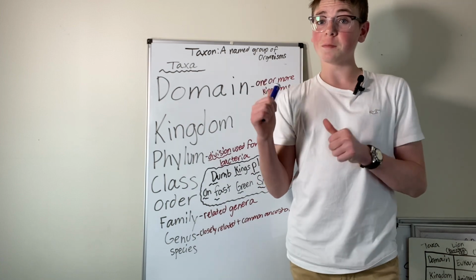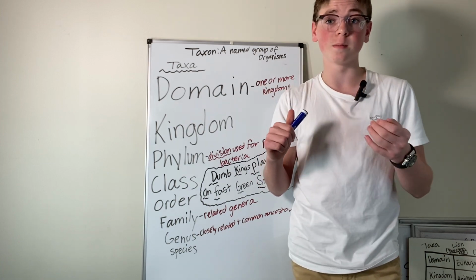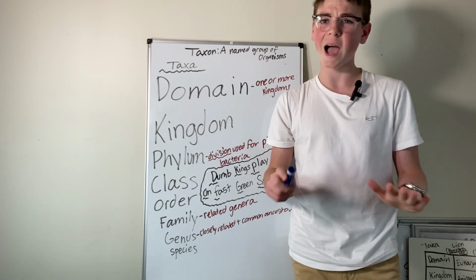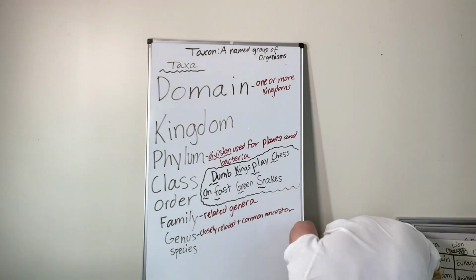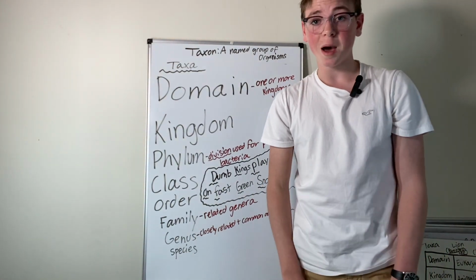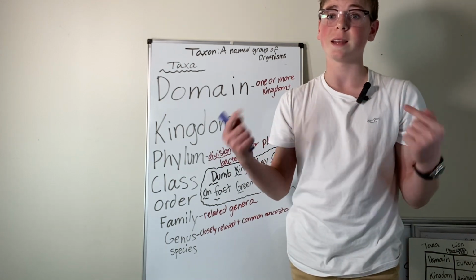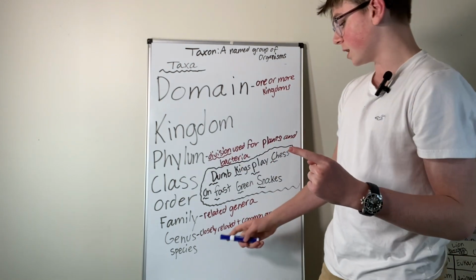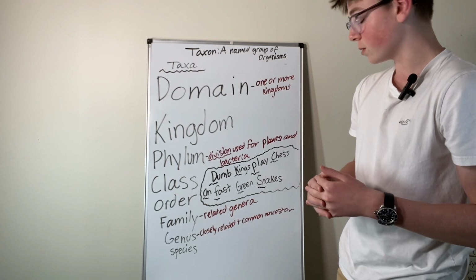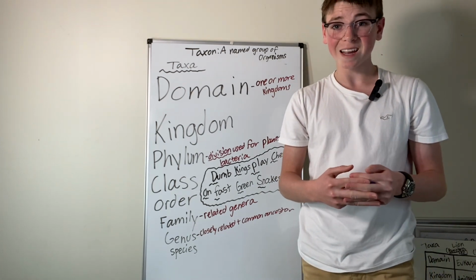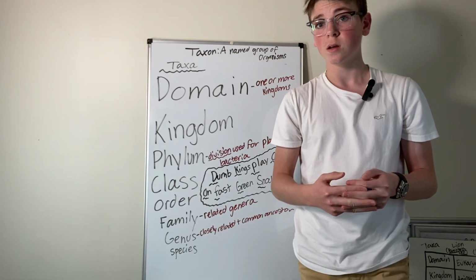So we could go from top to bottom, go domain, kingdom, phylum, but I don't want to do that. Let's go from the bottom up. Species. We all know what a species is. Homo sapiens. That is us. We are a species. Then a genus is closely related species, and they have a common ancestor.